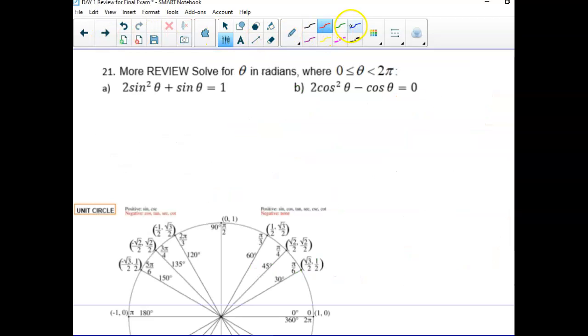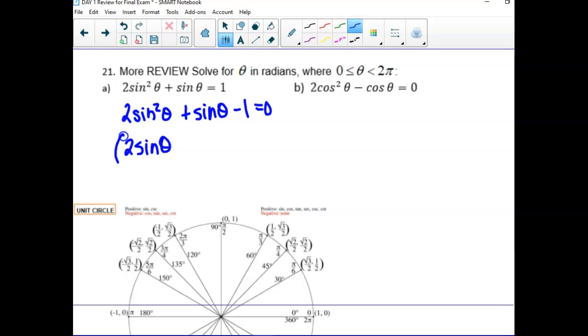All right, just a couple extra practice on factoring. Before you can do anything, these have to equal 0. This one factors 2 sine. Actually, I think that's going to be a minus.